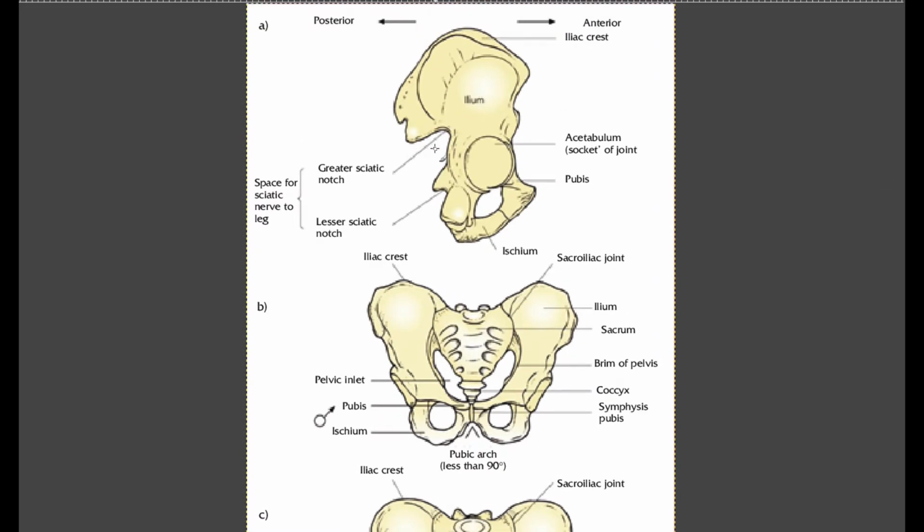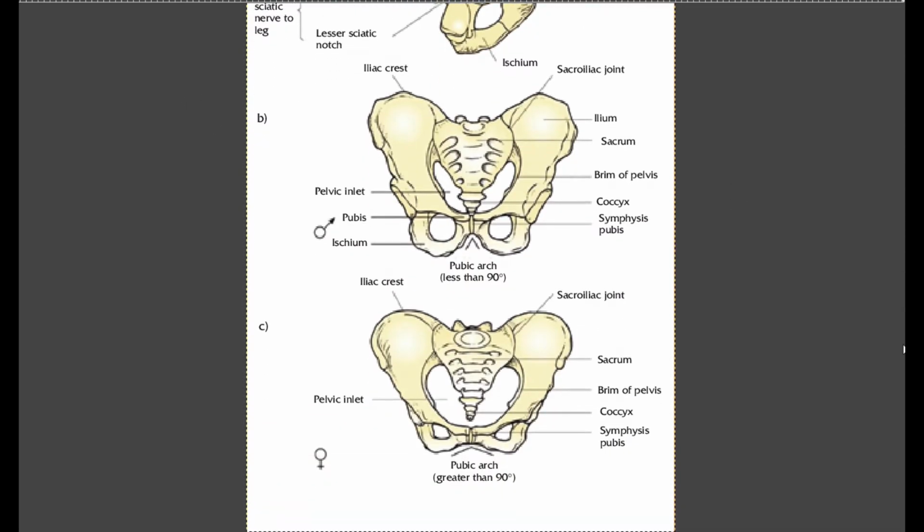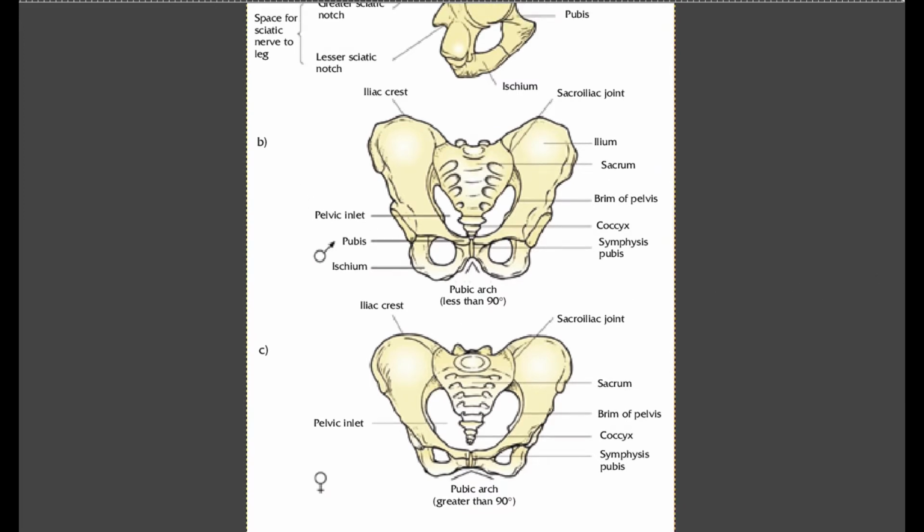Now, let's go ahead and take a look at some of the landmarks on the front of the pelvis here. So one, let's look at the three regions of the pelvis. There's three major regions of the pelvis, and we can actually clearly see that on this lateral view here. So one, we have this margin, which is up here, and you can see it actually already identified as the ilium.